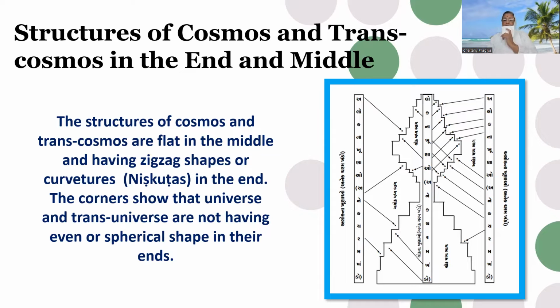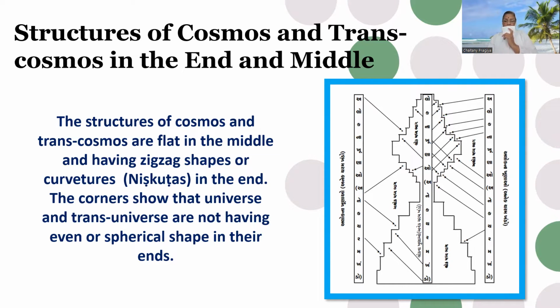And the supra universe starts with all these different ends, or nishkuts, or curvature type of structures. These are the many structures found in the end of this cosmos and also the transcosmos. These shapes are discussed as the ending part of the universe, or the beginning part of the supra universe.